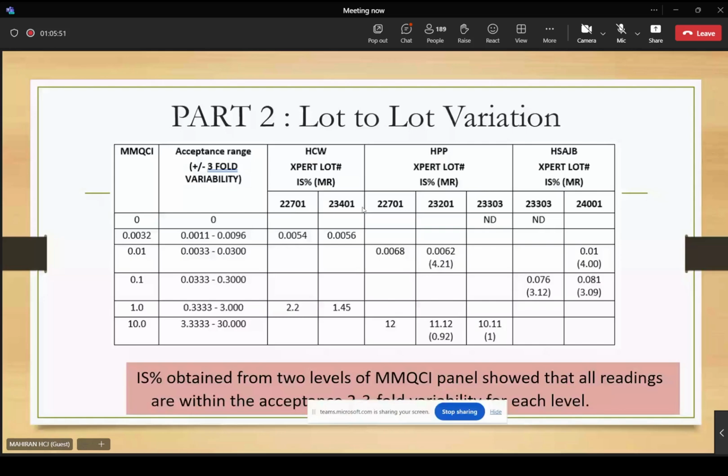So yang next lah. So untuk next punya lot baru pun kena dapat yang sama lah untuk kita pantau dia adalah within 2 to 3 fold variability. Okay, so ini adalah guidelines daripada slide presentation saya.